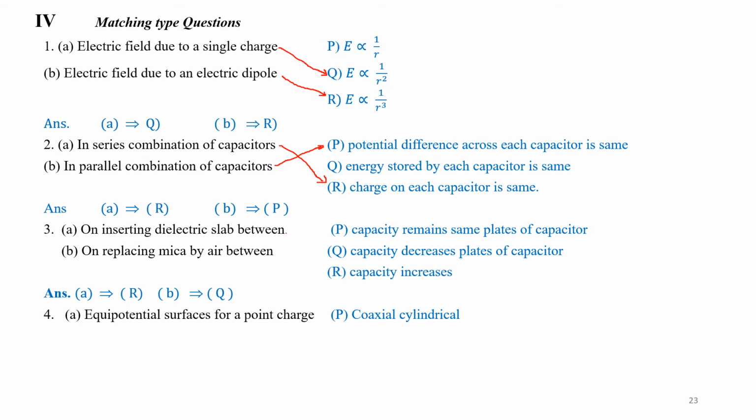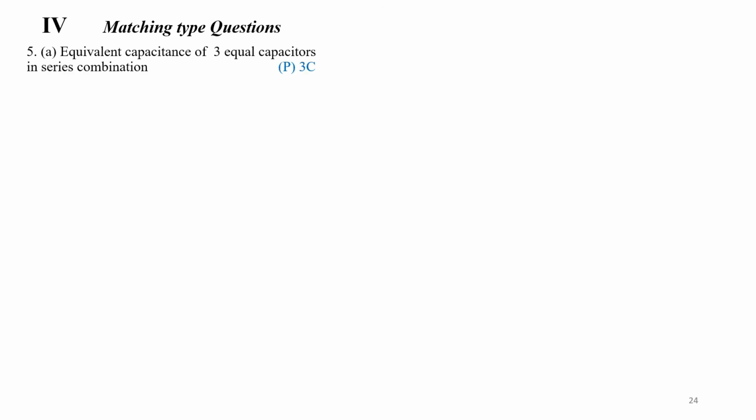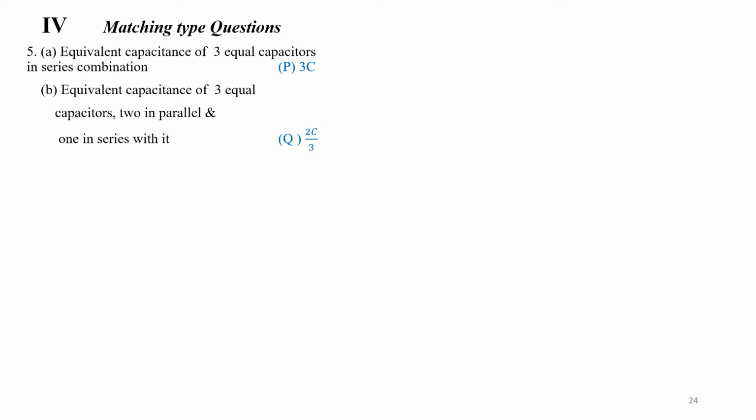Question number 4. Equipotential surface for a point charge is spherical. A is Q. Equipotential surface for a linear charge is cylindrical. So A is Q and B is P. Question number 5. Equivalent capacitance of three equal capacitors in series combination, and in parallel combination. The equivalent of three equal capacitors in parallel is 3C.